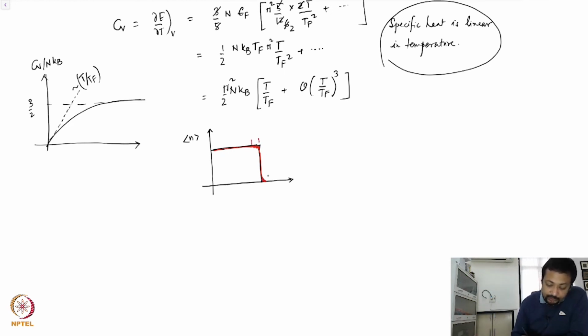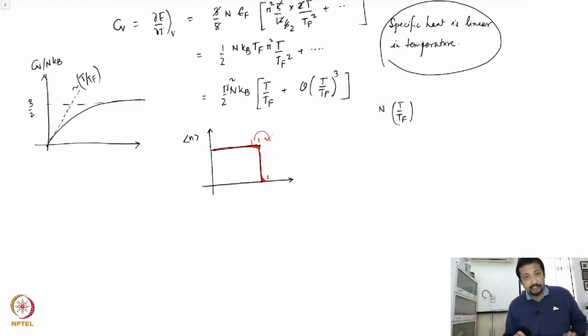Now that fraction is T over Tf times n. And each of these particles carries an energy which is kbt. So the total is n kbt times T over Tf.